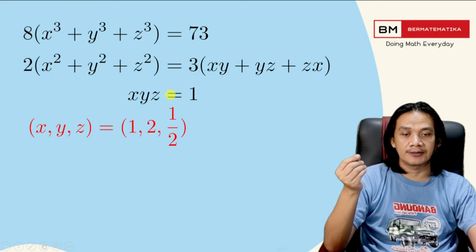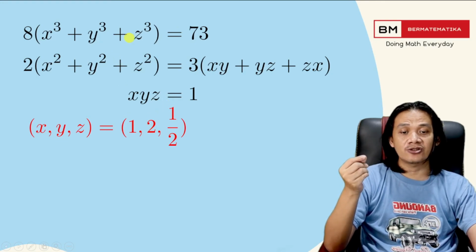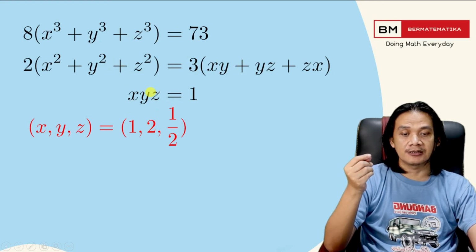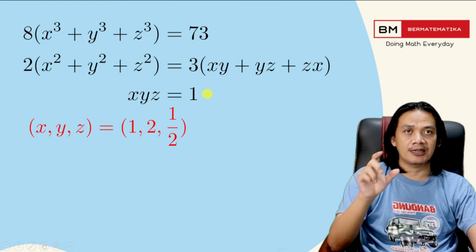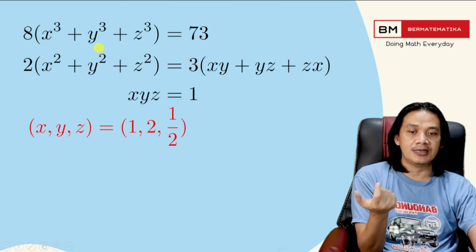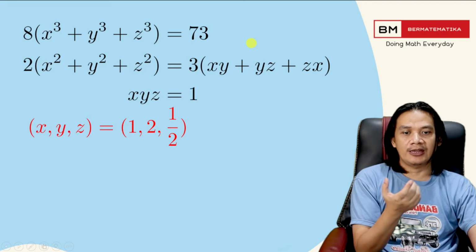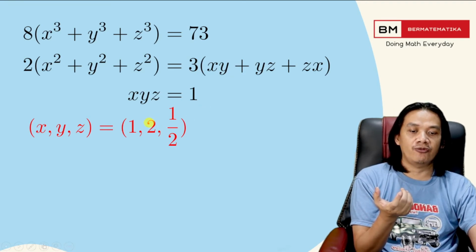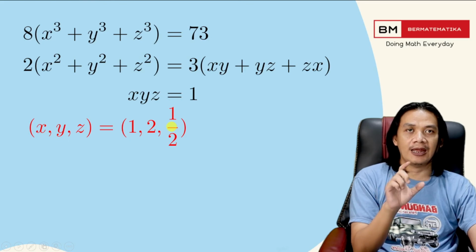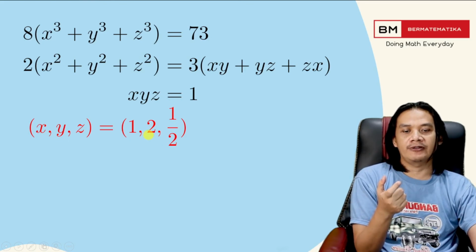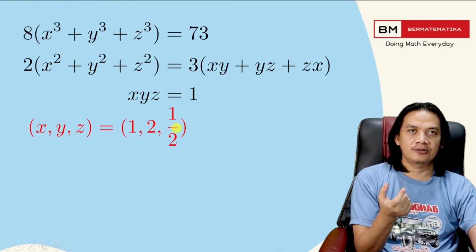Notice that each of these equations is a symmetric equation, which means that if we permute x, y, z, there is no change in the equation. So that tells us that if we have one solution, then any permutation of that solution is also another solution.